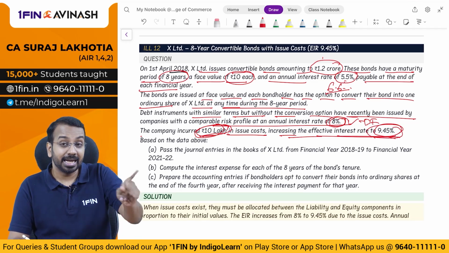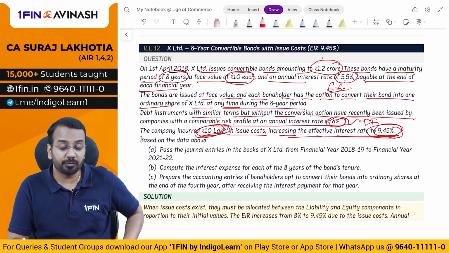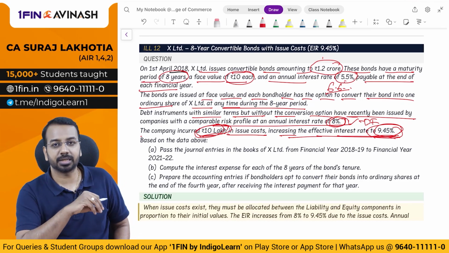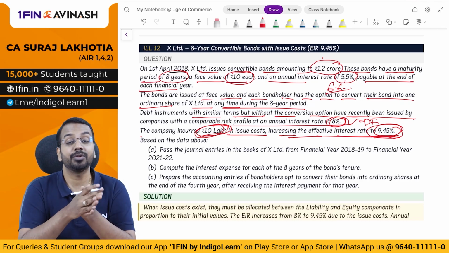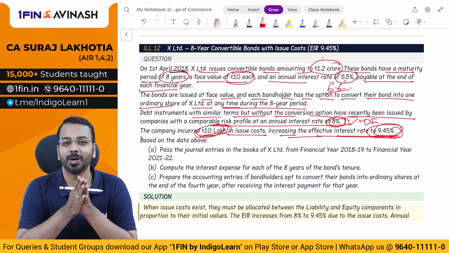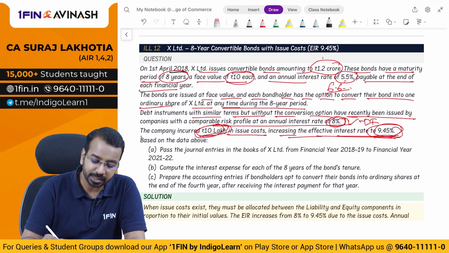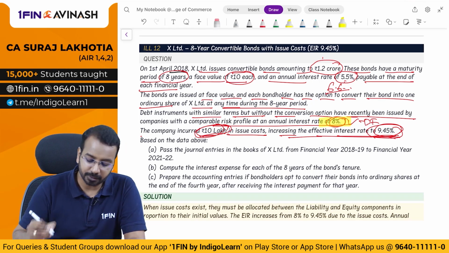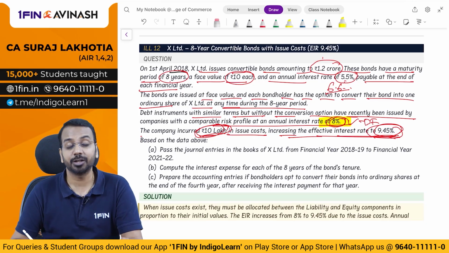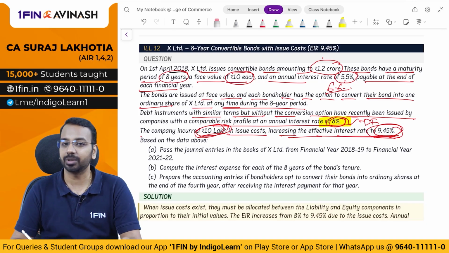Now, there are two rates, 8% is the market rate and 9.45% is the effective interest rate. Now, what is the rate that we should use for discounting purpose? Please remember, first calculation of liability, we will always consider 8%. We will consider 8% to calculate what is the liability and equity component.